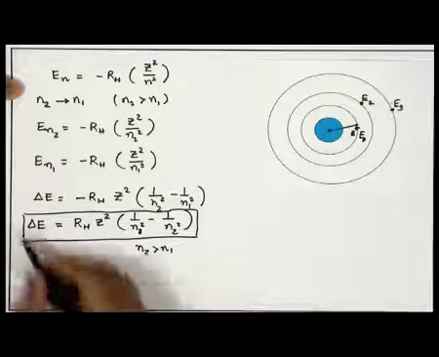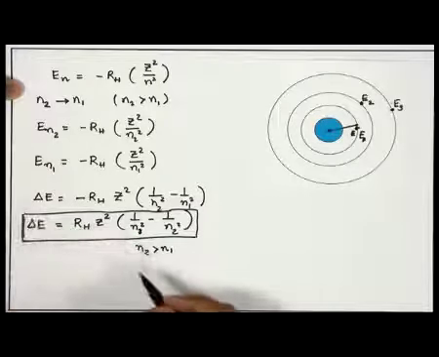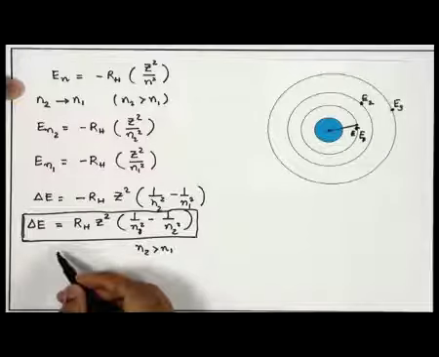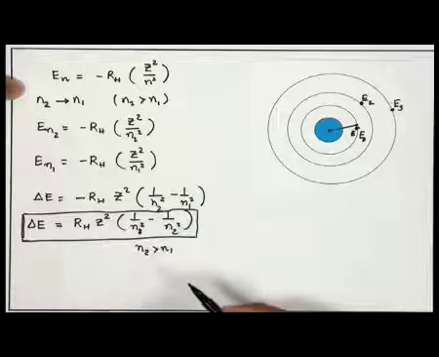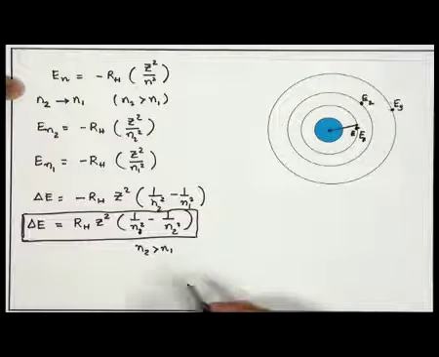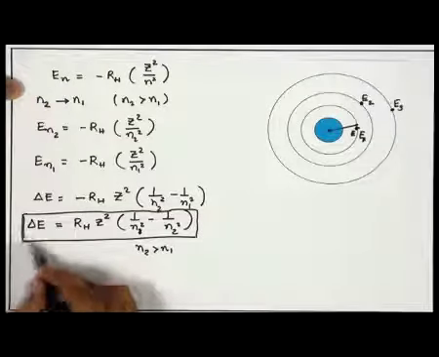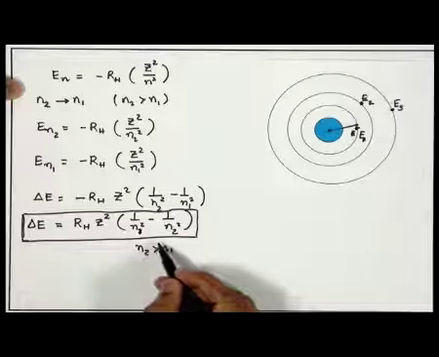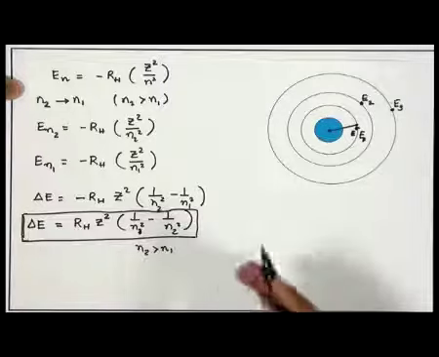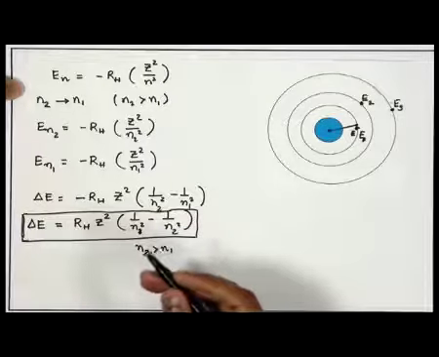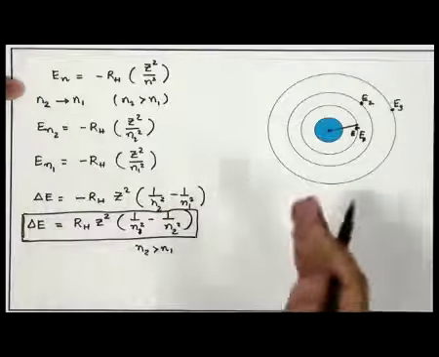If you remember the expression that Rydberg gave to explain the hydrogen atomic spectrum, it is now reproduced by Bohr's atomic model. Rydberg proposed that equation purely for the sake of explaining the numbers that were coming.